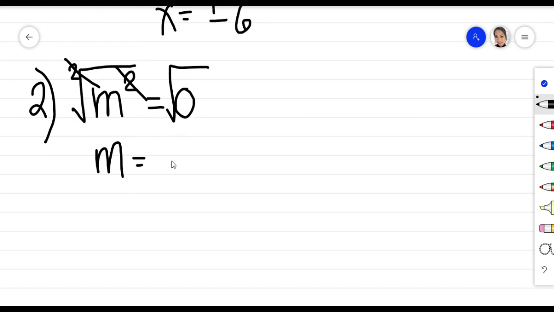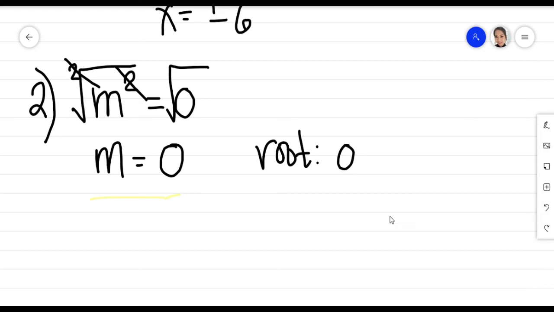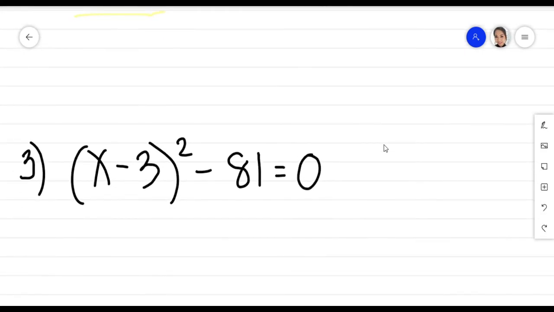So square root of 0 is just 0. So that's our root. So the root or solution is 0. Now let's move to the third example.